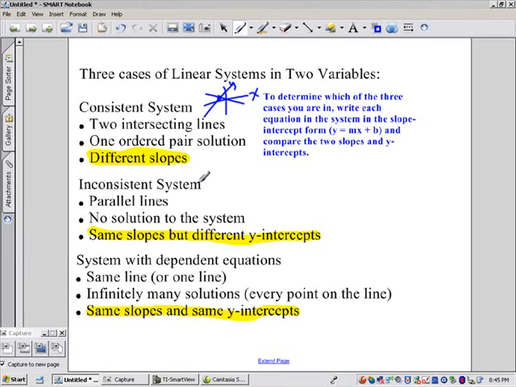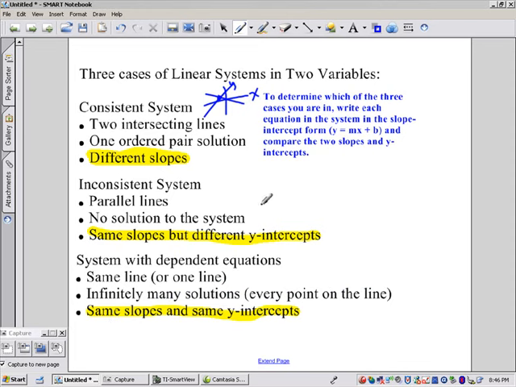An inconsistent system is what we call a system that has parallel lines. So there's no solution to the system, and we know that because they have the same slopes but different y-intercepts. And then a system with dependent equations is a system that has the same line, or just one line, they're coinciding, and there's infinitely many solutions. That is, every point on the line is a solution. So we have this when we know we have the same slopes and the same y-intercepts.